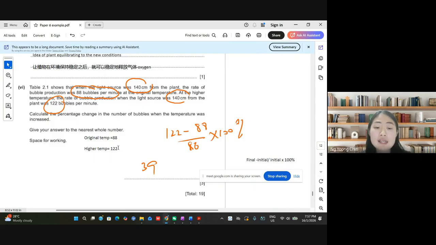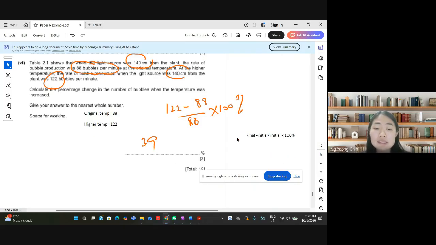The final data is 122, you minus the initial one, which is 88, and then you divide by the initial data, which is 88, times 100%. Remember to write the 100% in your answer, because your answer is in percentage, so you need to write the answer in percentage form. The answer is about 39, okay? 39 percent.